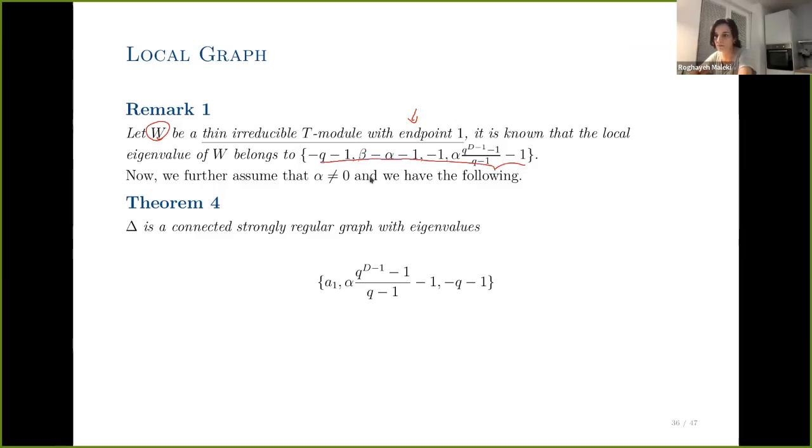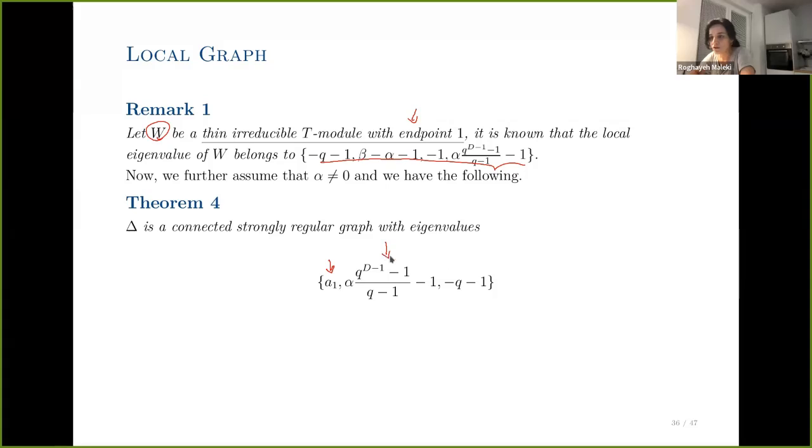There are 4 of them. And when we are in this case, these eigenvalues of the thinly reducible T module are in fact equal to the eigenvalues of our local graph delta. And so we could show that among these 4 eigenvalues, 2 of them cannot happen, and we can have only 2 eigenvalues, and also this valency of the graph.